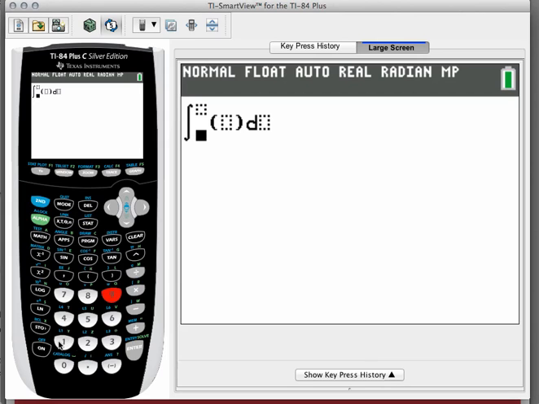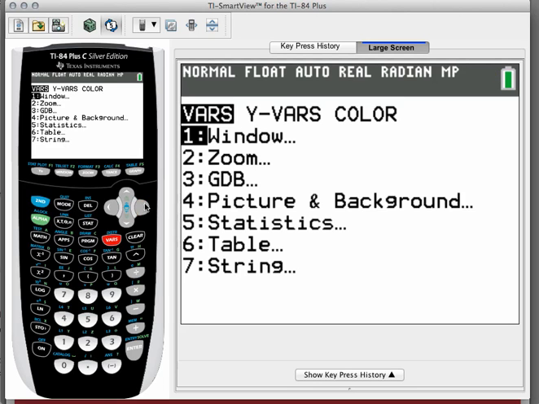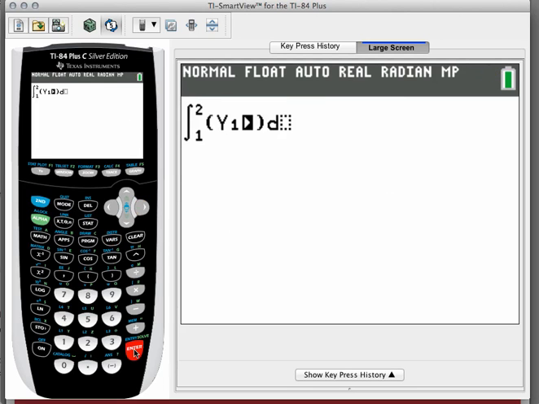So remember, we were trying to find the area under the curve from 1 to 2. You can just use your up and down arrows and side arrows to move over. Your integrand, you can either type in 2x plus 1, or since we have it under y equals, you could bring up y1. And then there's your differential. And when you hit enter, voila, there's the 4.